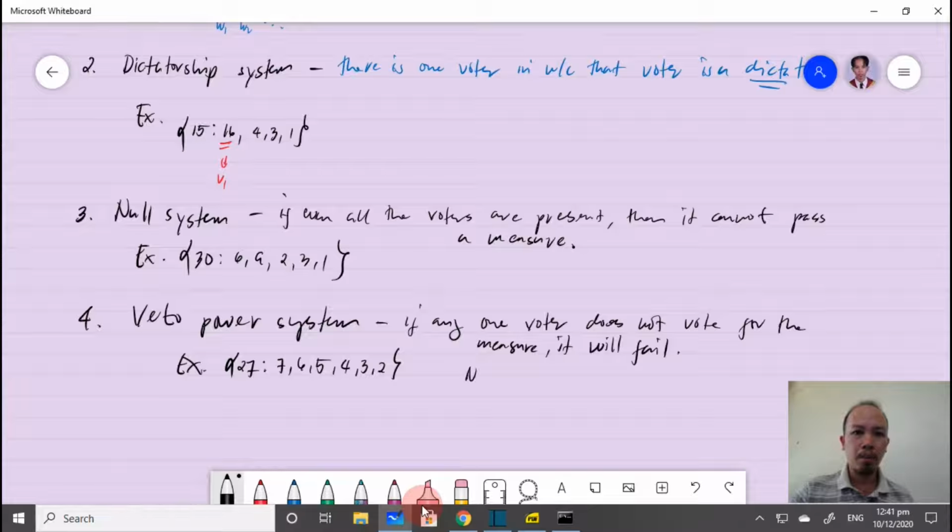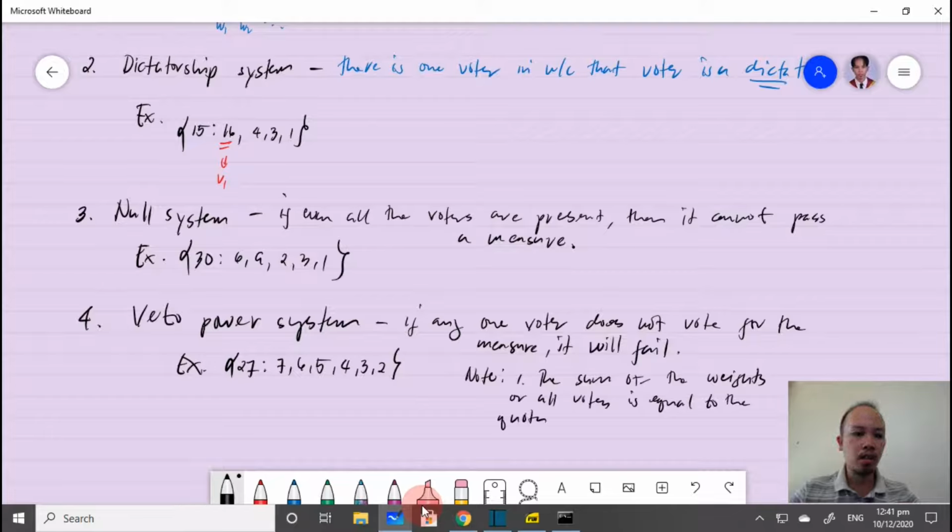And one point also is that notice here that the sum of all votes is equal to the quota, which is 27.